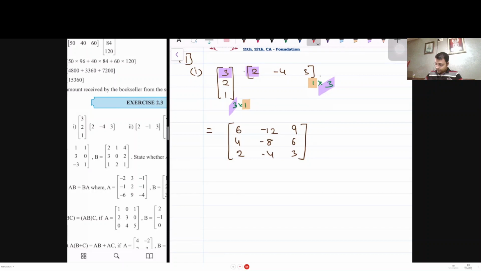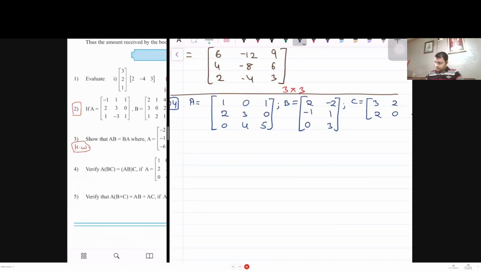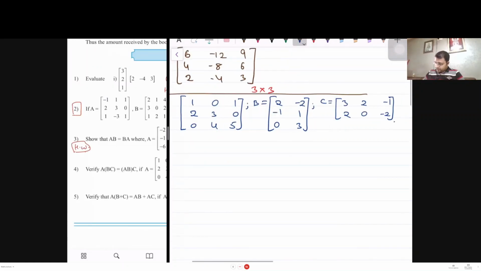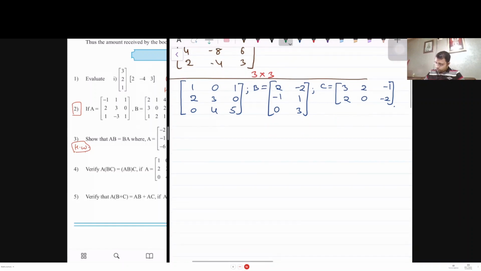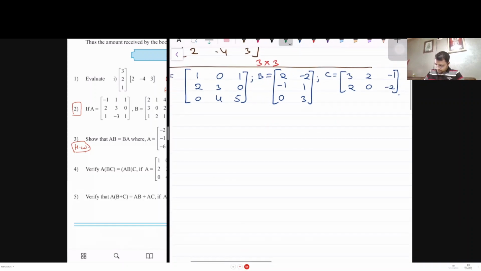So guys, as I told you, the order of the answer is going to be 3 by 3 and it is satisfied over here. We can see that. B into C, let us try to multiply first because we have to verify something over here. We are already having the values.